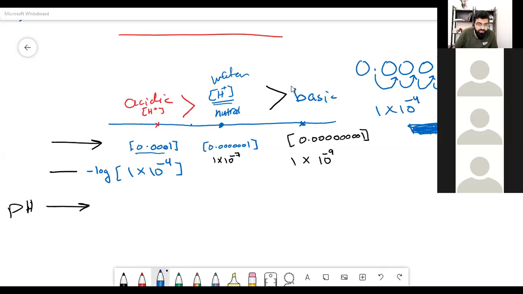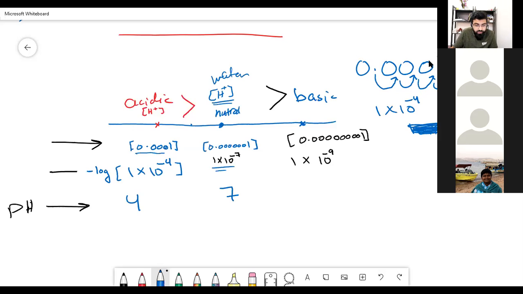If you take this class in math, you will find that if you take the minus logarithm of 1 times 10 to the power minus 4, it's 4. Easy, it's easy. Here we are using a small part. If you take the minus logarithm of this number, you would find it 7.